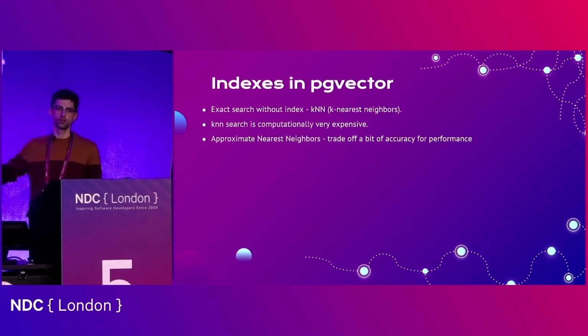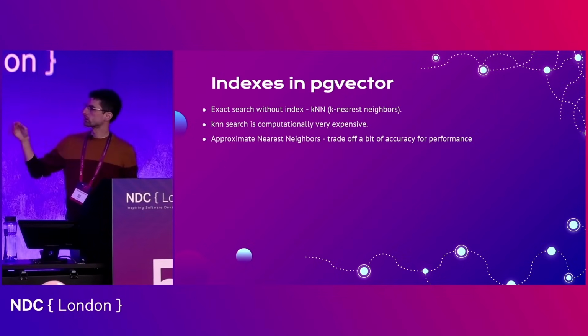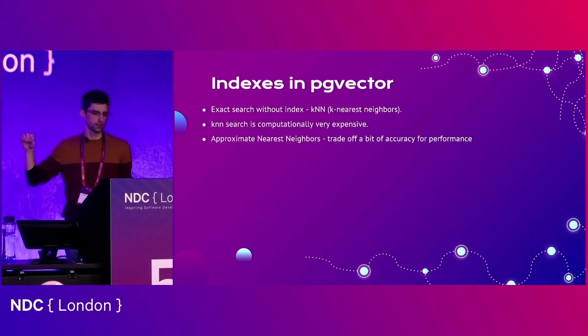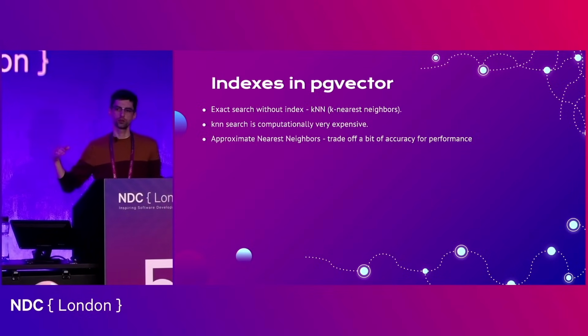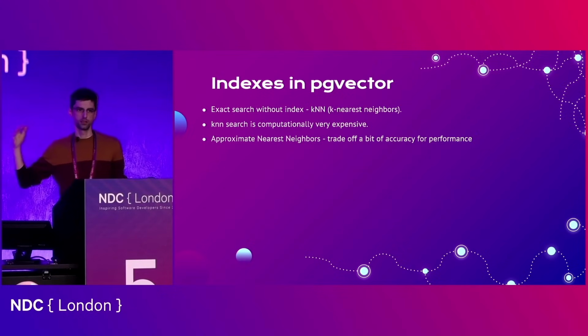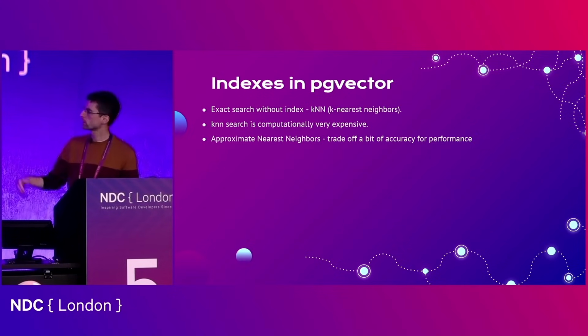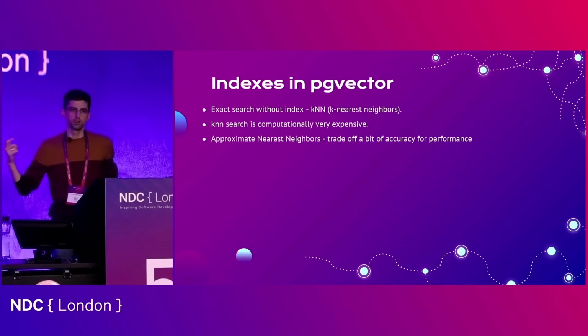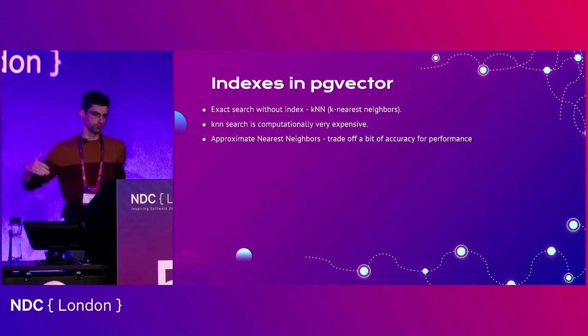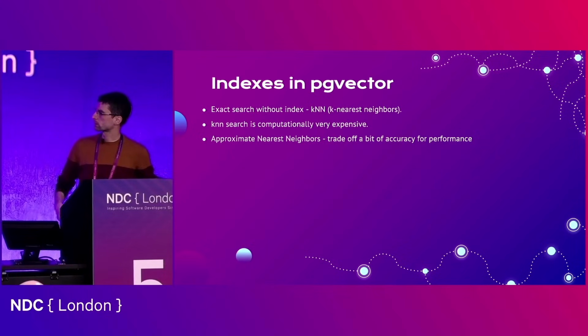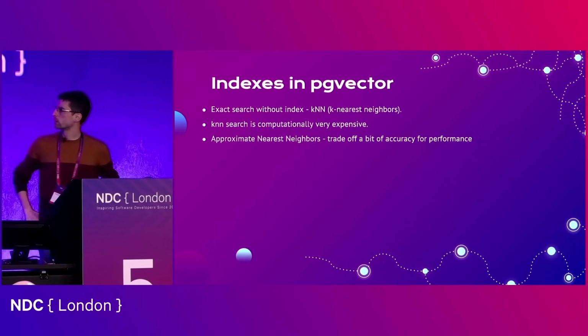This is called KNN because it will return k nearest neighbors. But as the number of records grows in the database, the KNN search gets slower and slower, because it's very expensive to calculate all the distances between the data and the vector embedding that is the target.